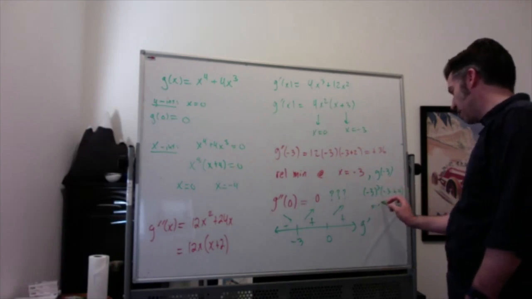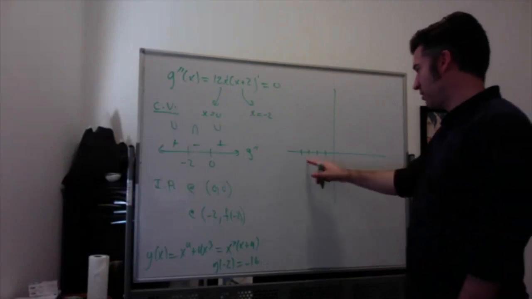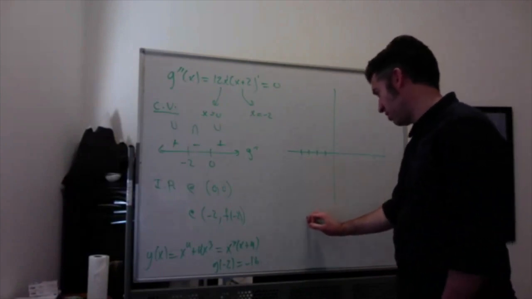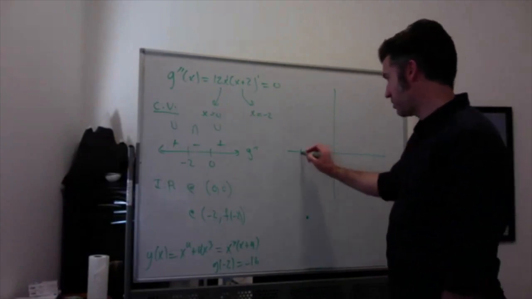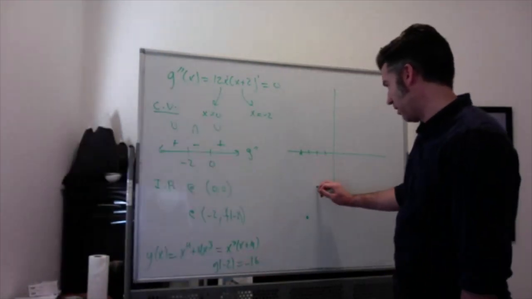So that's going to give me -27 times 1, which is -27. So that's my relative minimum. So I've got -3, -27, which is somewhere down here. I've got my inflection point at -2, -16, so maybe somewhere about like there.